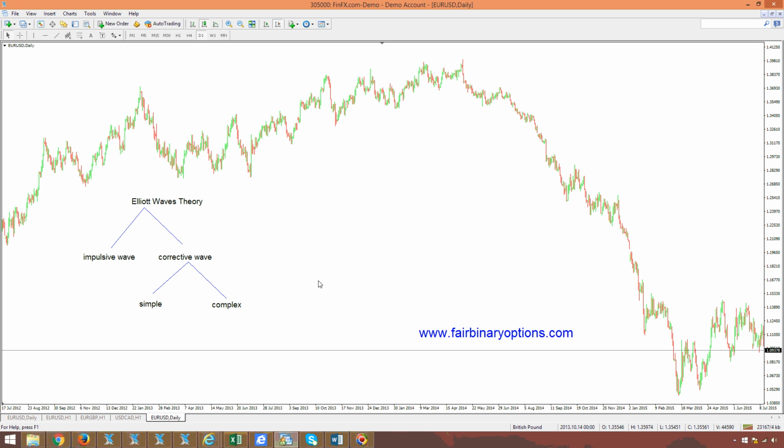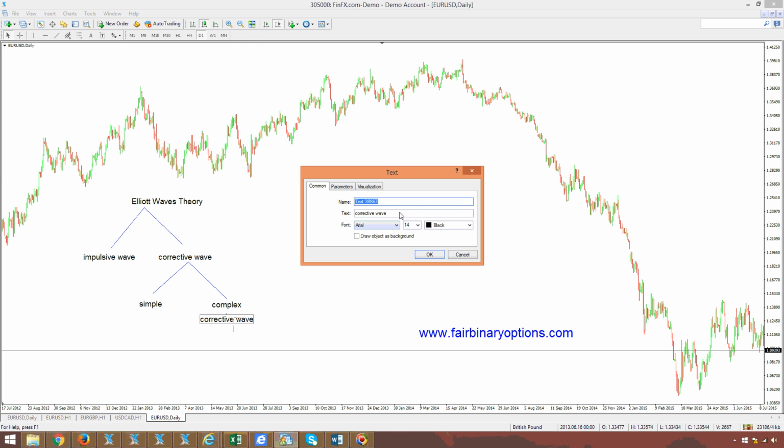As a rule of thumb, corrections with X waves are always complex corrections. So under the complex corrections, you look for corrections with at least 1 X wave, maximum 2 X waves.